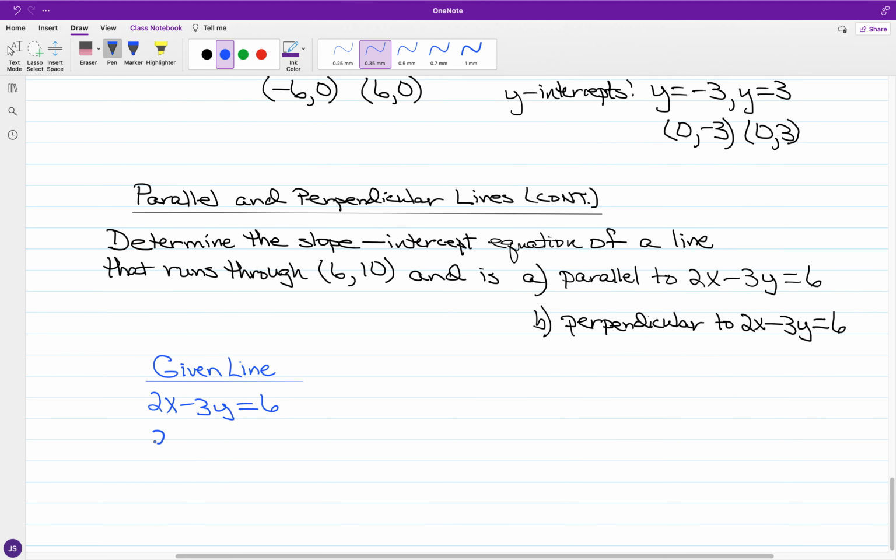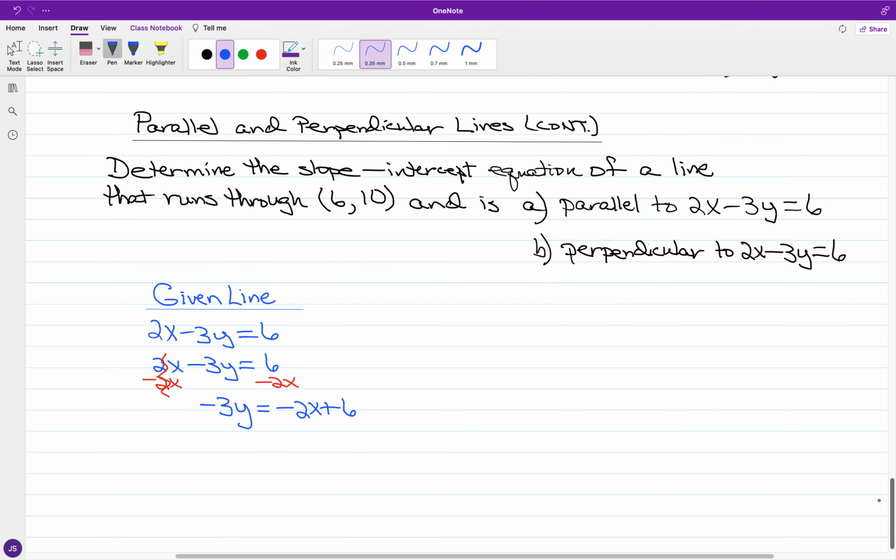And if I put this in terms of the slope-intercept form, I can get the 2x and move it to the right. And so upon subtracting, we're going to have negative 3y is equal to negative 2x plus 6.